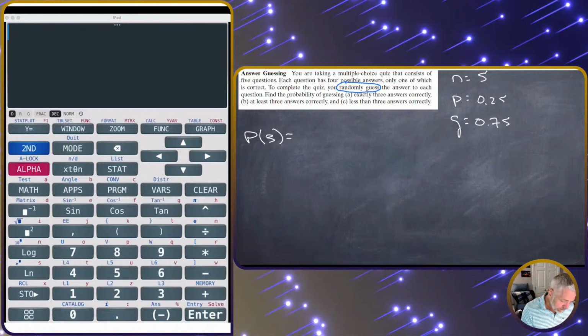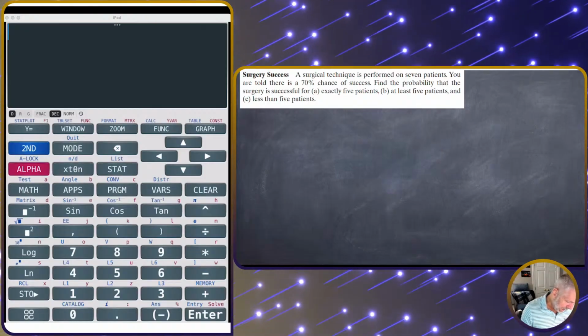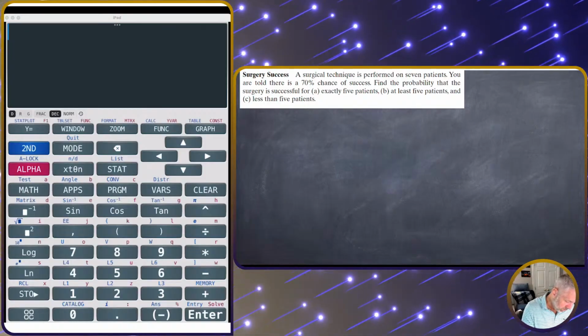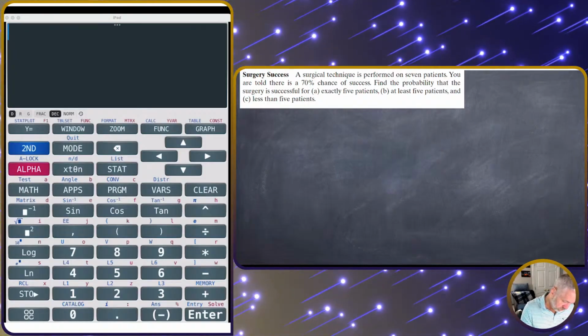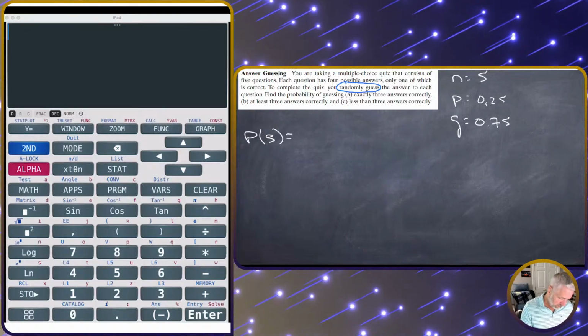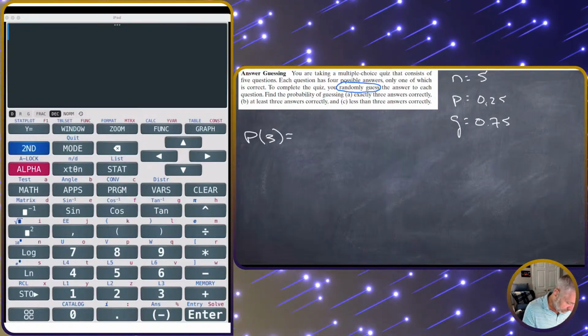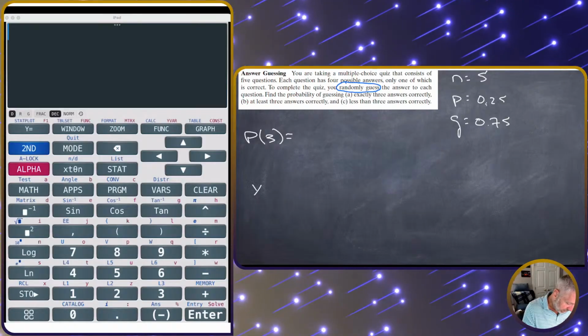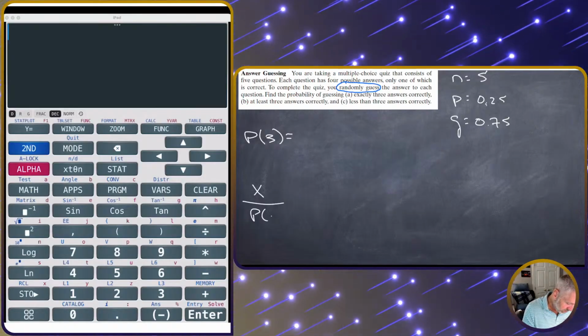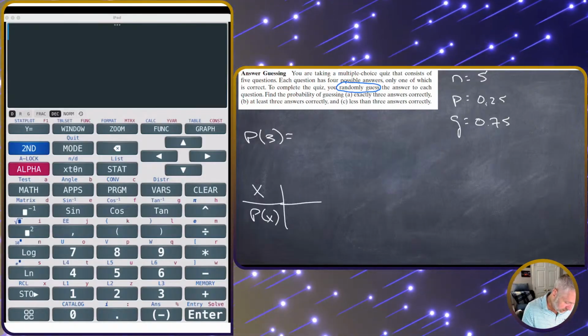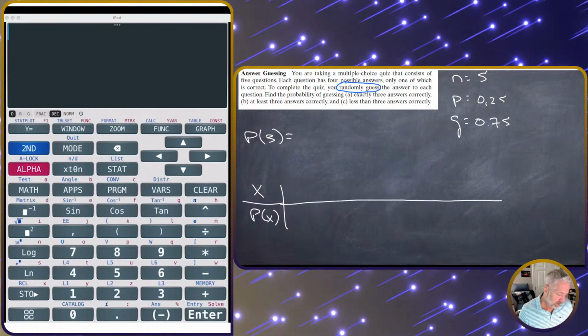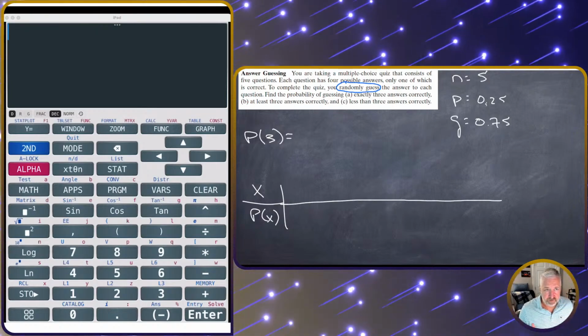Okay. Well, let's build this table. So you've got the values for this distribution, and you've got the probabilities. Well, what are the possible values if n equals 5?